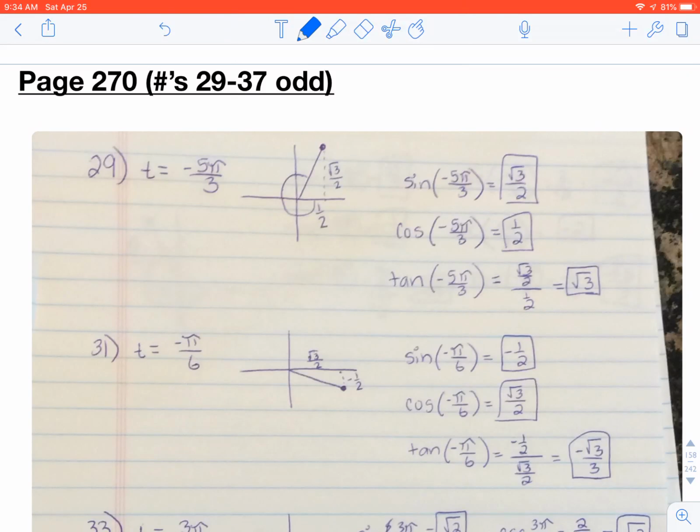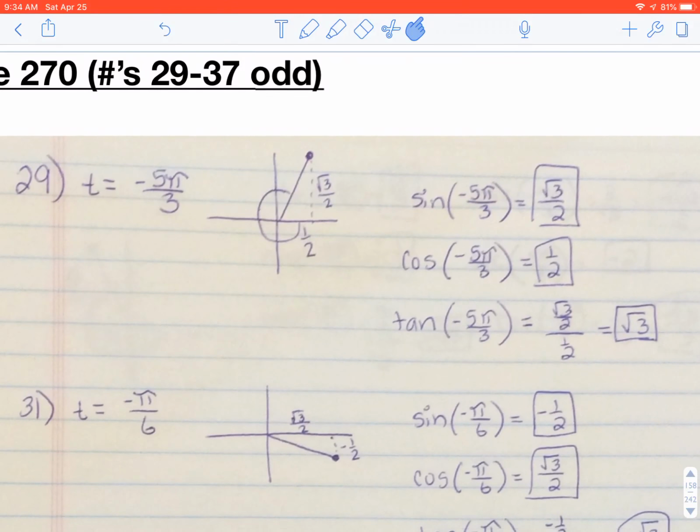Okay, so 29. The problem is t equals -5 pi over 3, and the directions for 29 and 31 tell us to evaluate, if possible, the sine, cosine, and tangent of the real numbers. Okay, so in 29, we have -5 pi over 3, so the first thing you should do is find where that is on our unit circle, so right here.